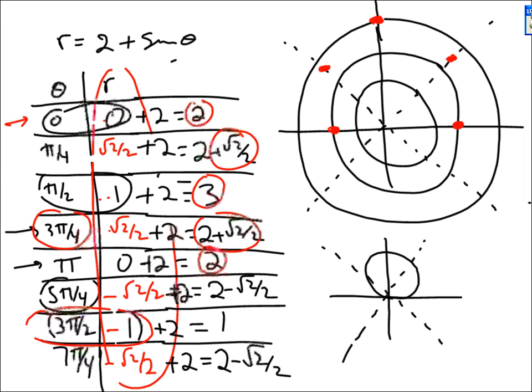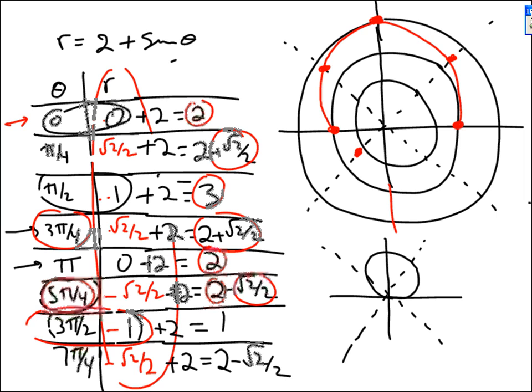So far, it's that. Okay, and that brought me out to pi. At 5 pi over 4, a little bit less than 2. 2 minus square root of 2 over 2. That puts me a little bit more than 1. And then at 3 pi over 2, I'm exactly at 1.